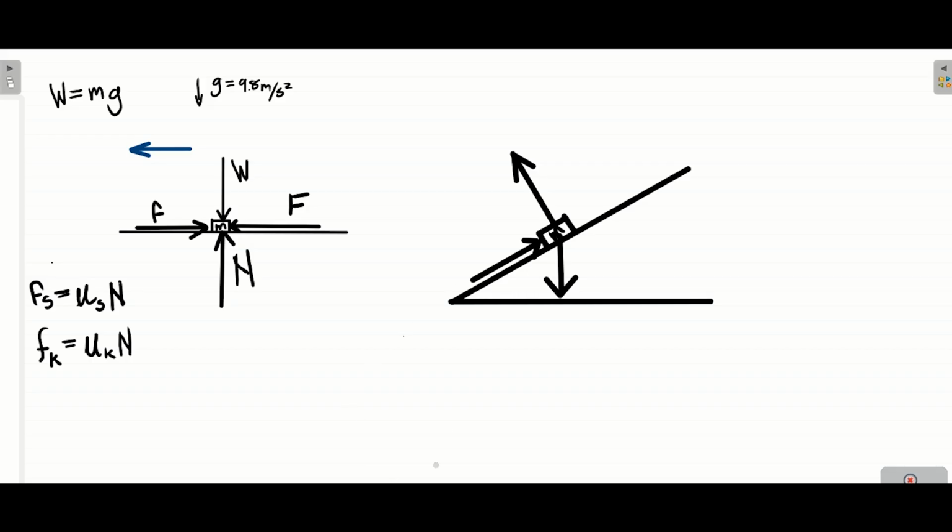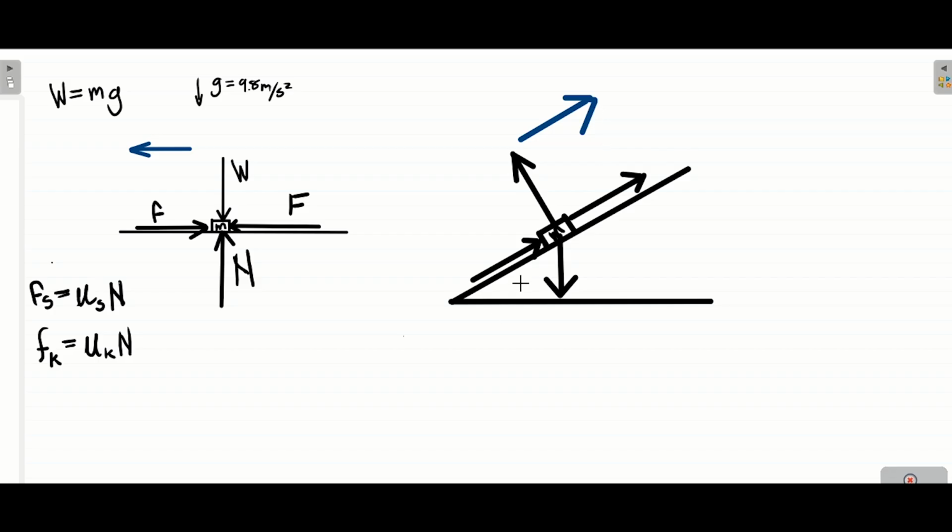So let's say that there was a force pulling this object upwards. Well, in that case, that means that the object, if it overcomes frictional force, will move in that direction.